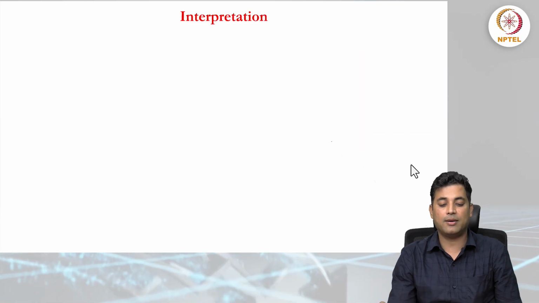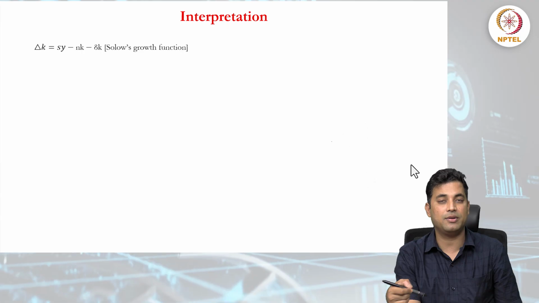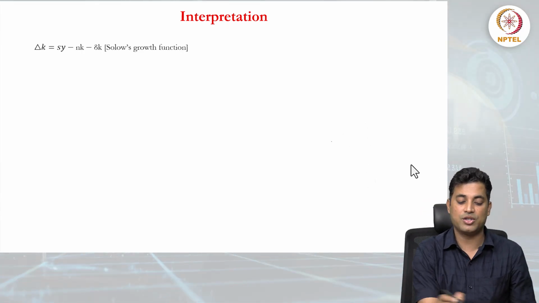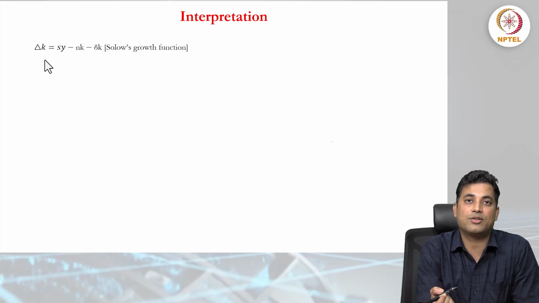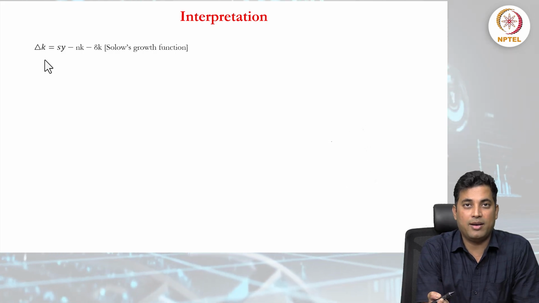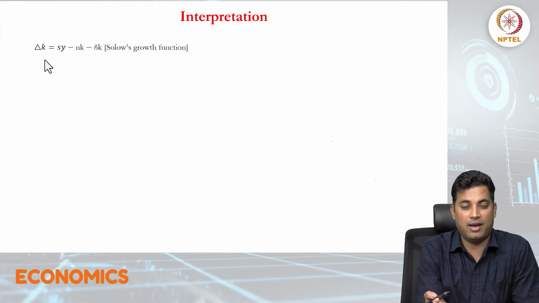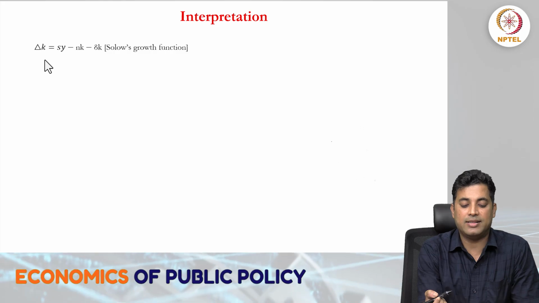So now let's interpret this equation a bit more in detail. This is the Solow growth function where delta small k equals small sy, and small y is small f(k) minus nk minus delta k.